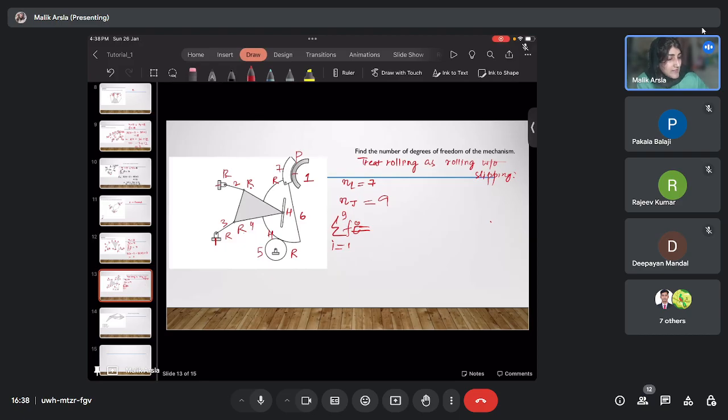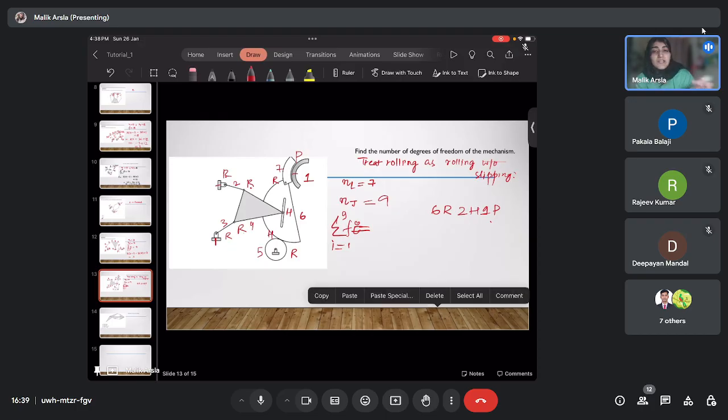Now here we have 6R, then 2 H and 1 P. Is it correct? Now 6R each has a single degree of freedom, so they will add as 1 plus 1 plus 1 up to 6. So that will be 6. After that, we have one prismatic joint. It also has 1 degree of freedom, so it will add as 1.